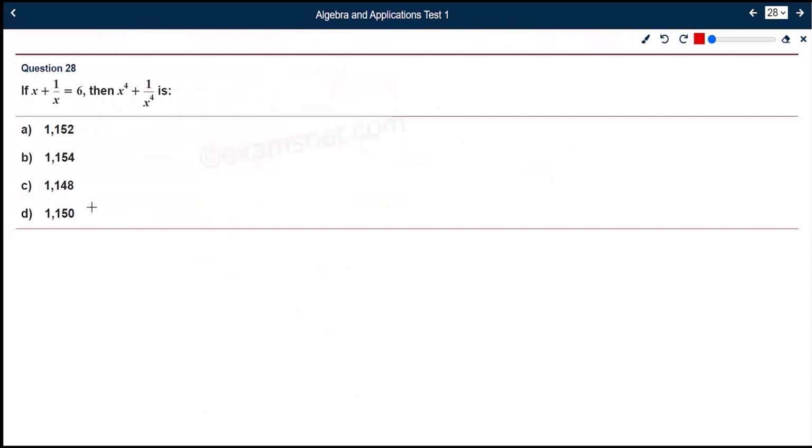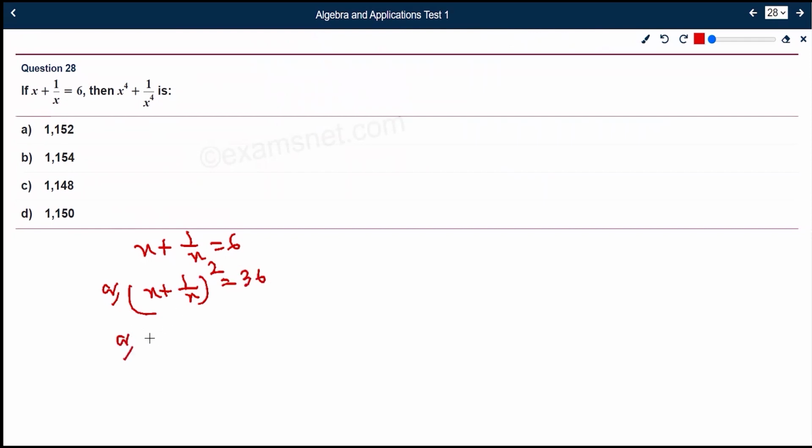Question number 28. If x plus 1 by x equals 6, then x to the power 4 plus 1 by x to the power 4 is, okay, start with x plus 1 by x equals 6. Let's square both sides. Squaring both sides, we get x plus 1 by x whole square, 36, correct?